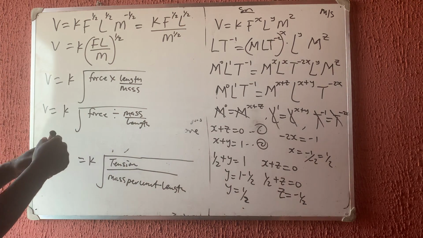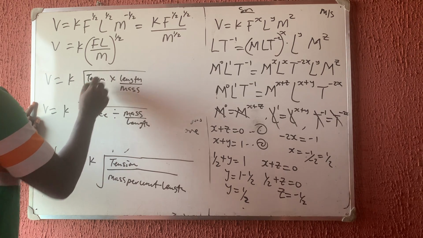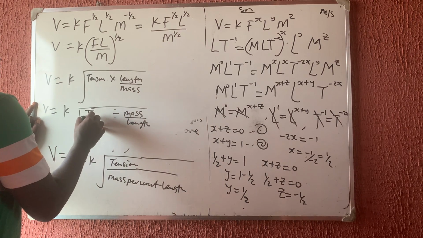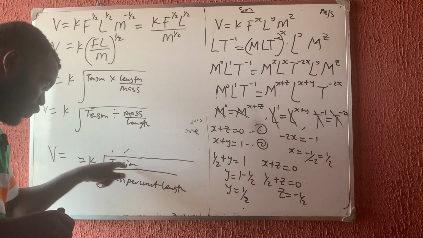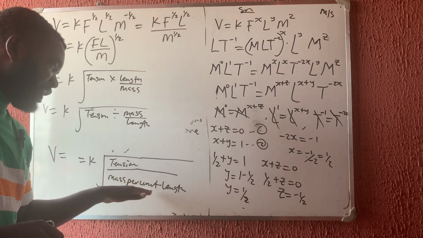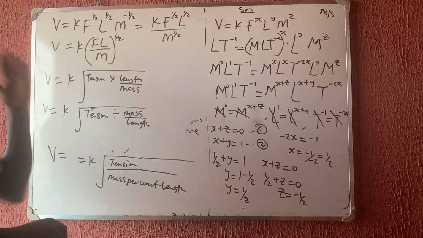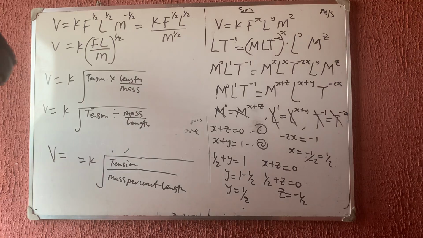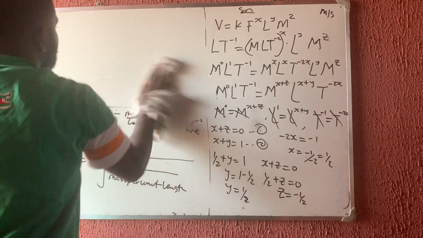They use tension in their own, so let me change it to tension. So we now have tension over mass per unit length. So it is proved. All right, so we'll go to the next question. I hope you understood this.